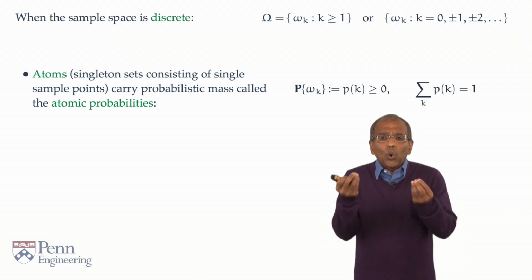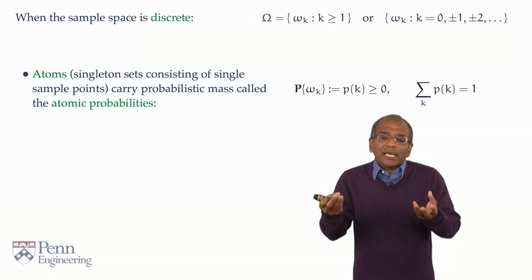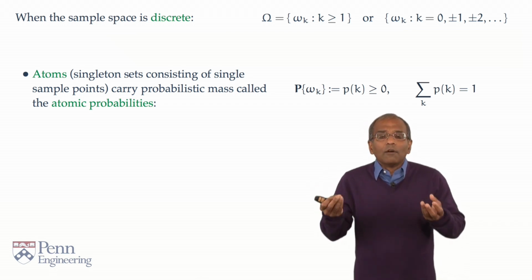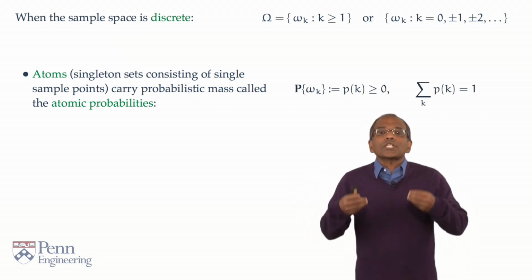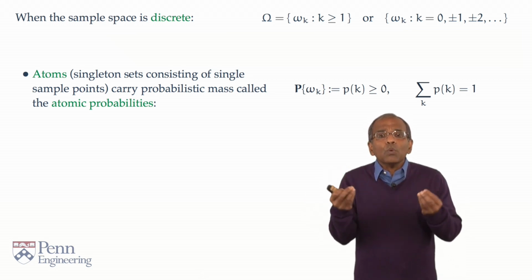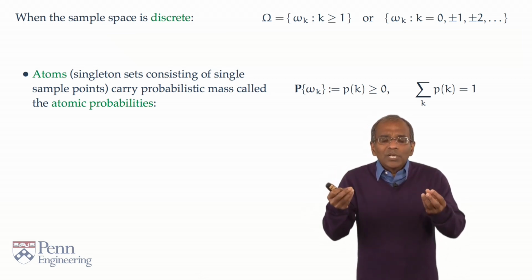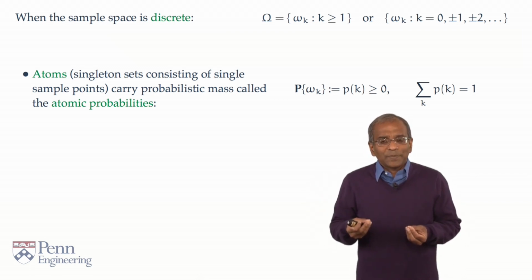Of course, this will only depend upon the particular sample point under consideration, say the kth sample point. And therefore, let us call the atomic probability attached to the sample point omega k, p of k, where we use a lowercase p to denote an ordinary function of an integer argument.